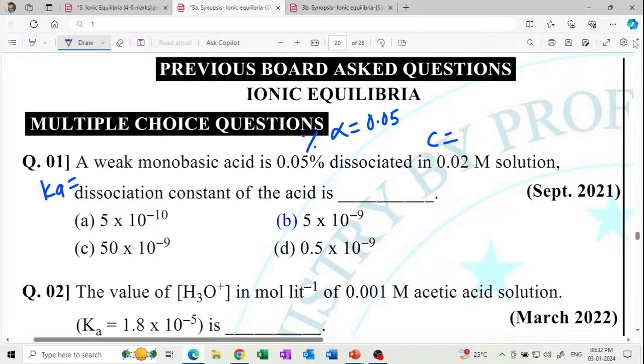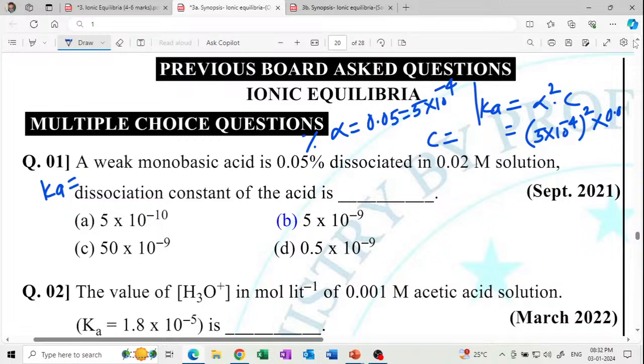K is equal to alpha square into C, according to Ostwald dilution law. Percentage alpha is 0.05, so divide by 100, which gives 5 × 10⁻⁴. Its square into the concentration.